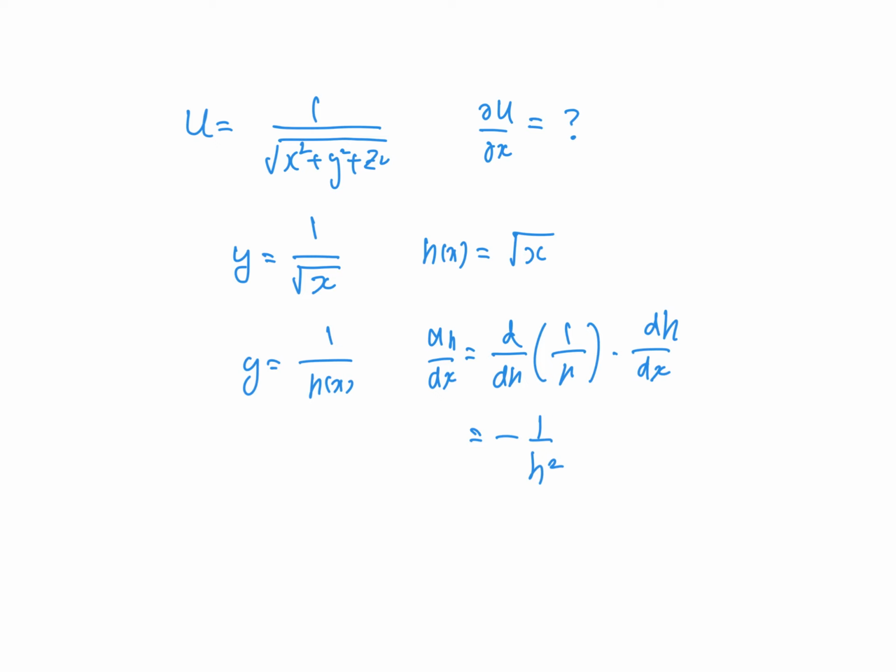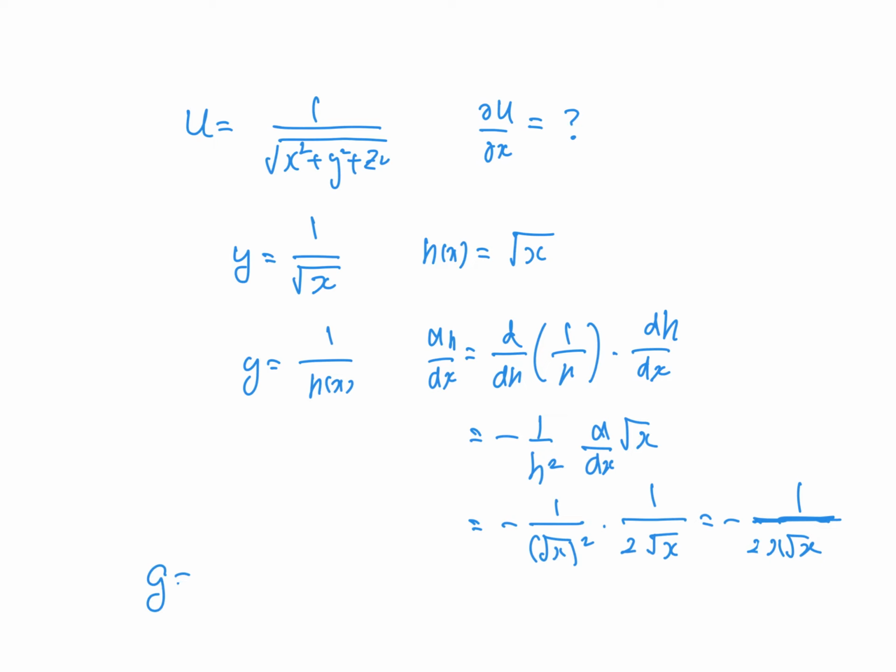And dh/dx is the derivative of root x, which is one over two root x. So it is minus one over twice x times the square root of x.